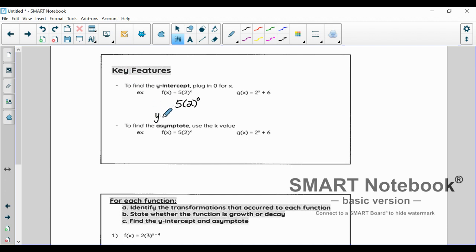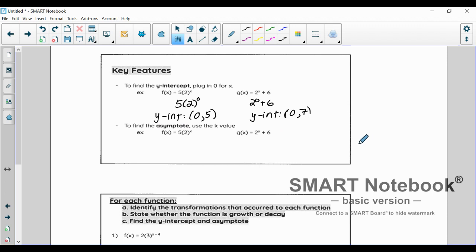So our y-intercept is going to be the coordinate 0, 5. If I plug in 0 here, 2 to the 0 is 1, 1 plus 6 is 7, so our y-intercept is going to be 0, 7. The x-coordinate's always going to be 0 because you're plugging that number in for x.